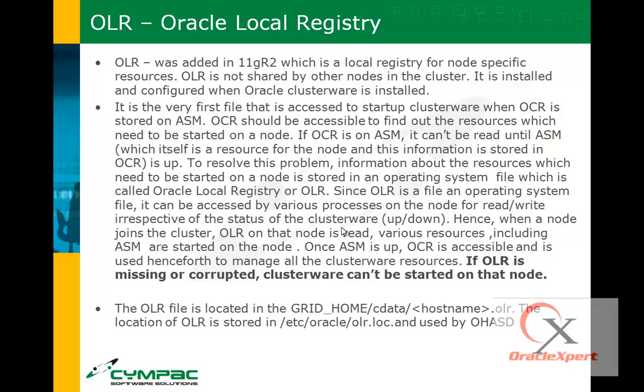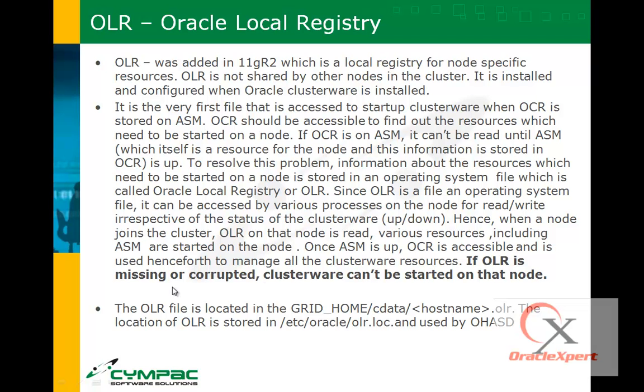Remember the component placement discussion, the Excel sheet? OLR can't be stored onto ASM. Hence, when a node joins a cluster, OLR on that node is read. Various resources including ASM are started on that node, and once ASM is up, OCR becomes accessible.